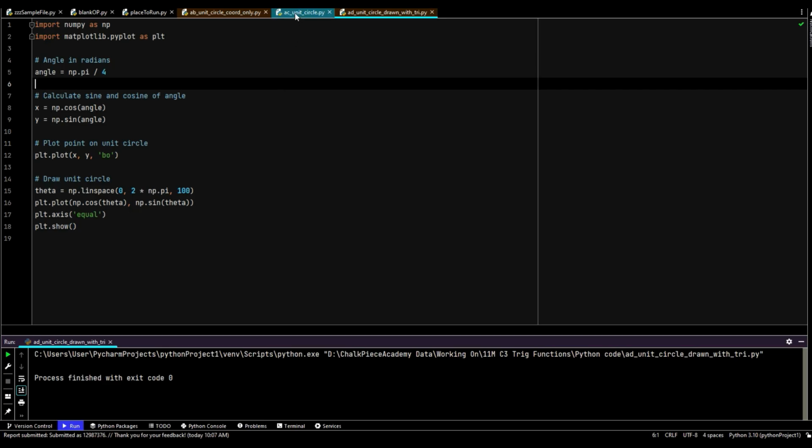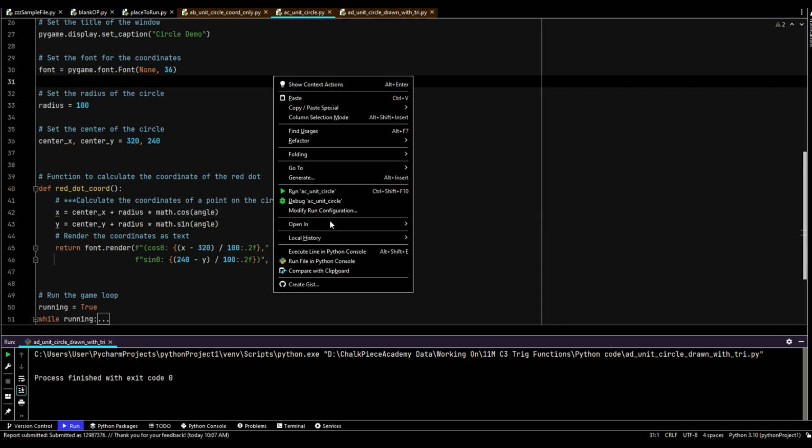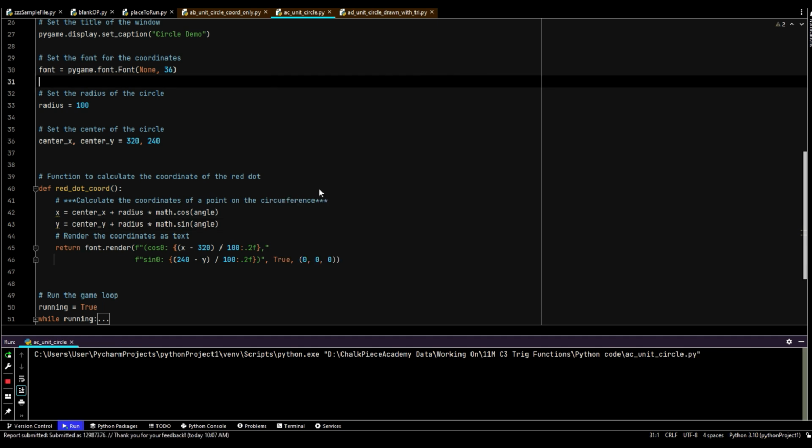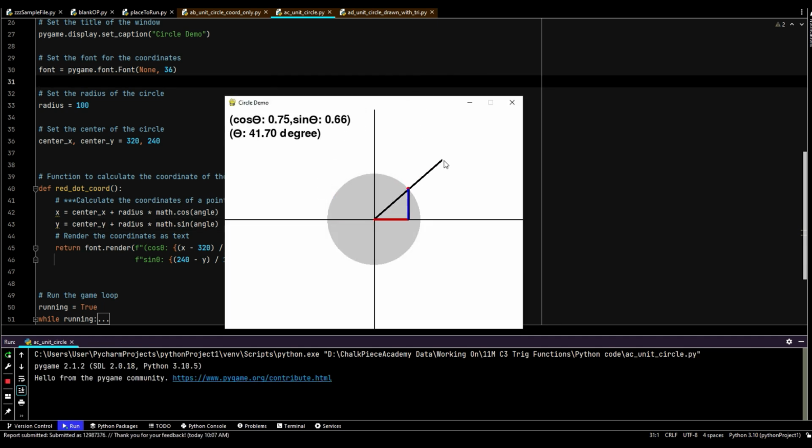We're going to do that with the help of Python coding. This is a code which generates, can you guess what? Think about it. Okay, let me explain. We are looking at a unit circle.